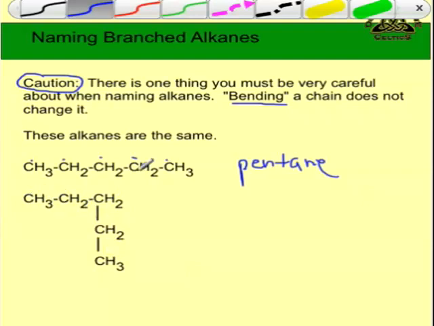All we've done is take these 2 carbons and write them down here. We've bent the chain, so to speak. That does not change the alkane. This is not a branched alkane. This too is simply pentane. All we did was bend the chain.